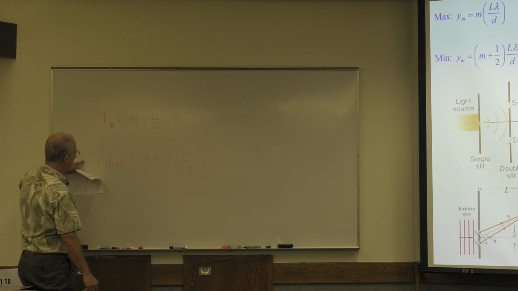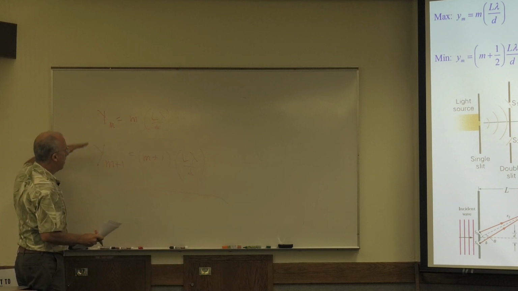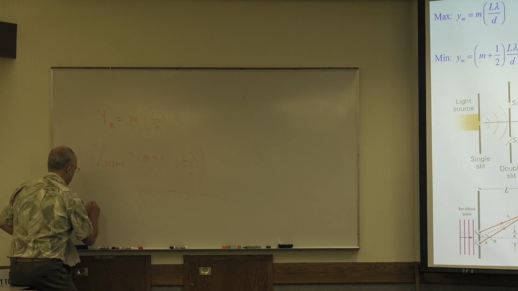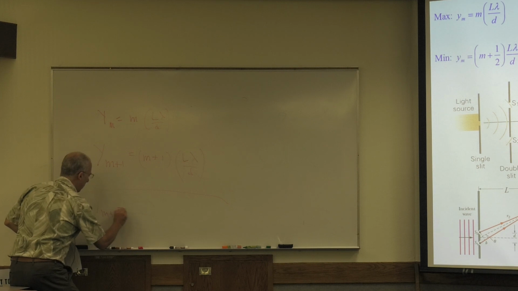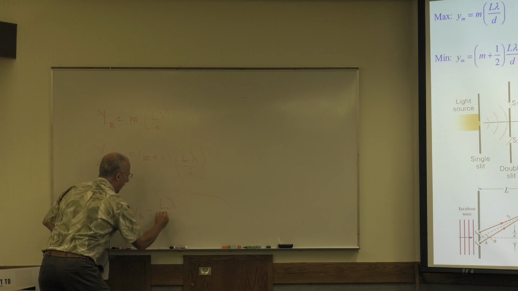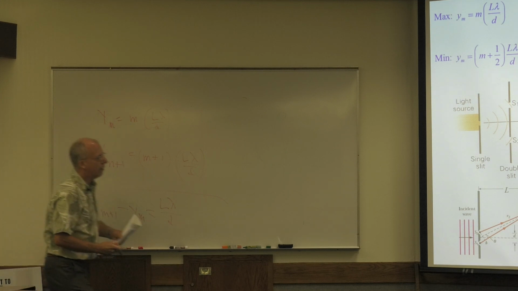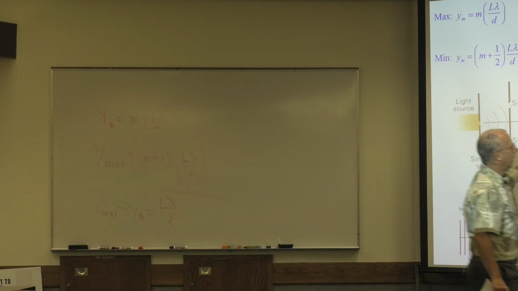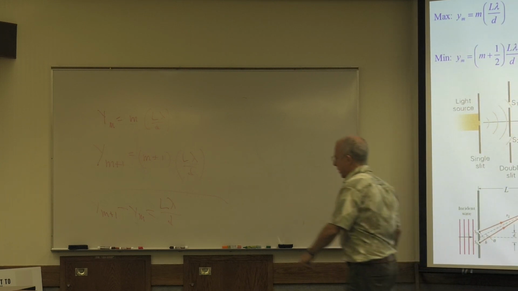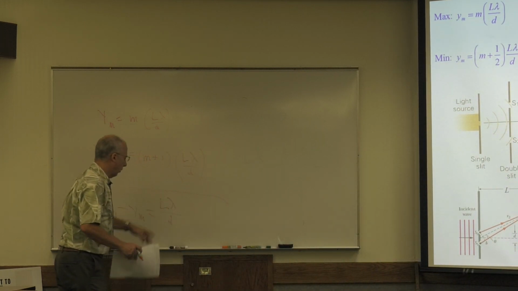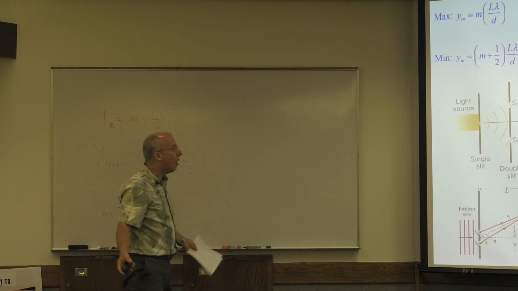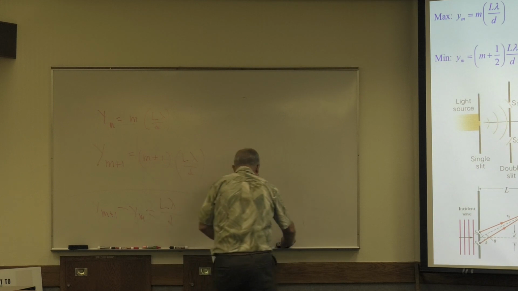This to this is a max to a max, right? What's it going to be? Ym plus 1 minus Ym is just L lambda over d. So that means the distance from a min to a min or a max to a max is just L lambda over d. So we're going to use all of these. I'm not just wasting your time.